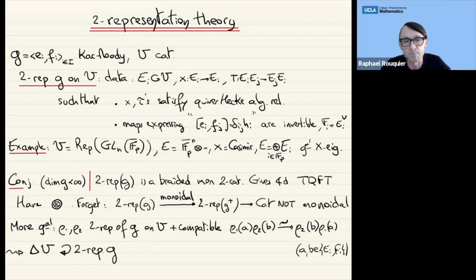And so one can do something similar here, except that asking that the two actions commute is not a condition, it's an extra part of the data. So you have a category and you have two different actions, and you put extra data expressing some commutation between the two actions. When you have that, you can construct a new category which will have one of those structures of 2-representation. It's a bit more general than this tensor product, but really the same construction.